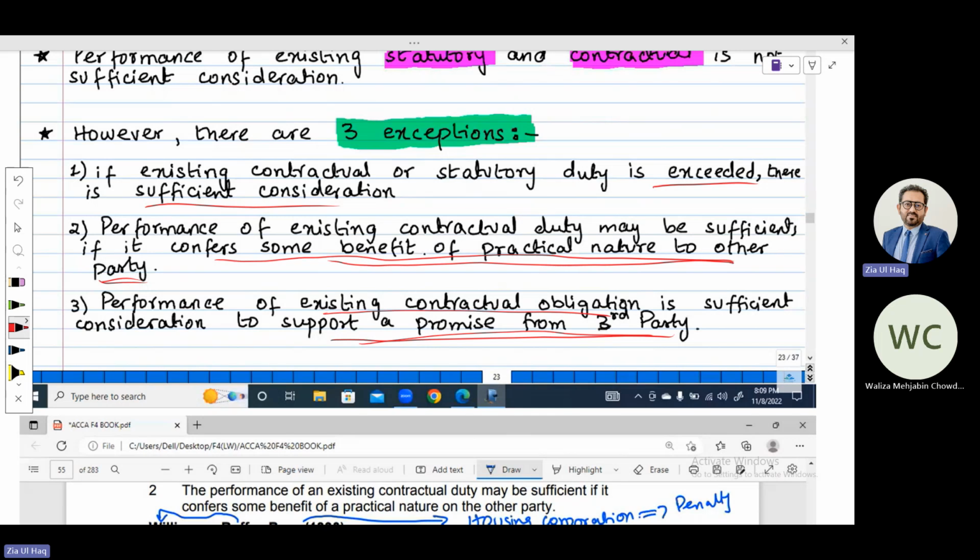And if a third party says, if you will complete your contract, I will pay you this as well, then if you are going to complete your original contract, this means there is consideration, so you can claim whatever is promised by the third party.